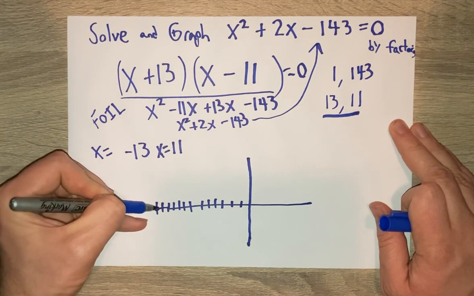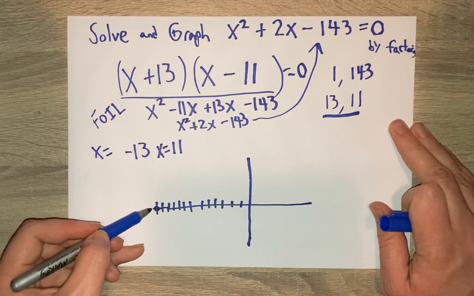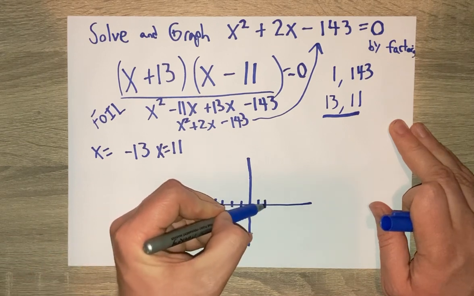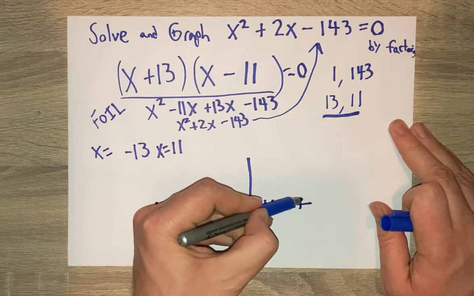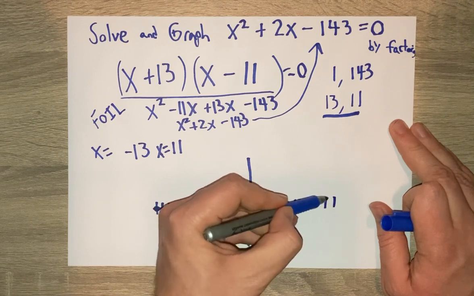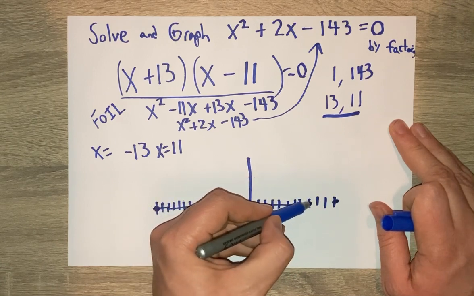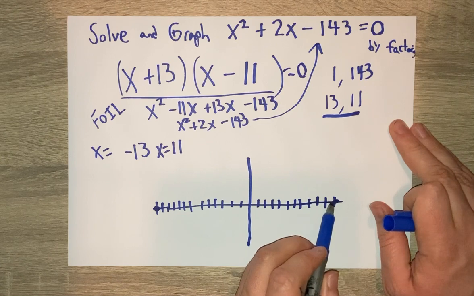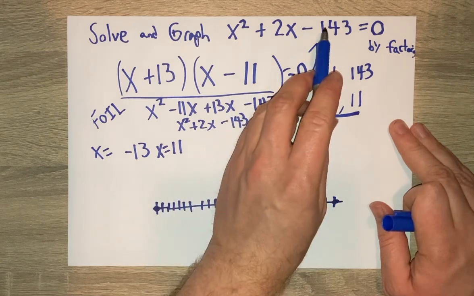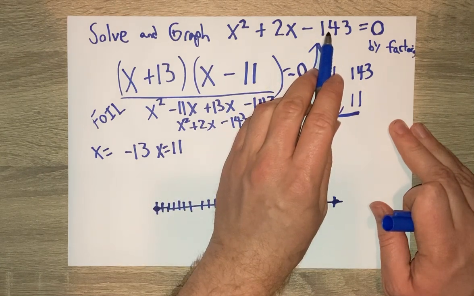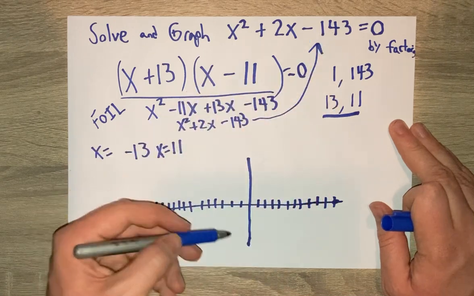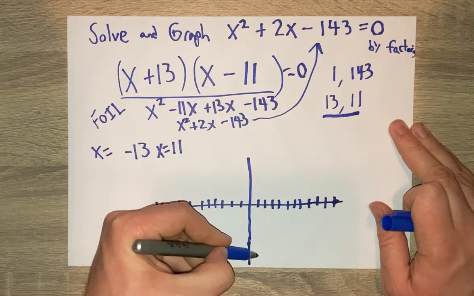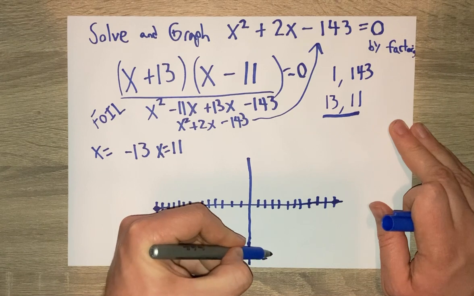All the way back here at negative 13 is where we cross the x-axis once. 2, 3, 4, 5, 6, 7, 8, 9, 10, 11. And all the way over here is where we cross the x-axis again. We know our y-intercept is, of course, our c value, negative 143, which we'll just label here.